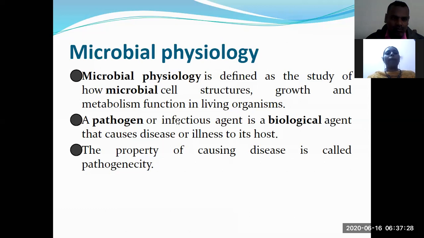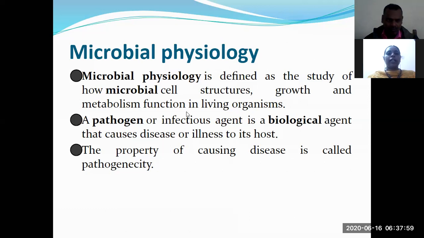Pathogenicity means the property of causing disease, while this property of causing disease is made by the infectious agent. That infectious agent is called as what? Pathogen. You can see the definition here. A pathogen or infectious agent is a biological agent that causes disease or illness to its host.